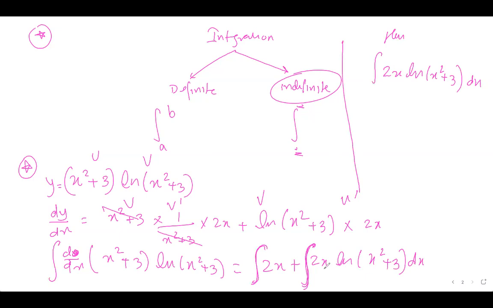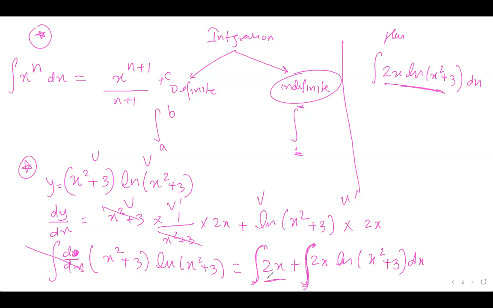The integration of 2x ln(x squared plus 3) is what I need, this is what I want. If I integrate this side, it gets cancelled. Now remember that the integration of x to the power n has a formula: x to the power n plus 1 over n plus 1, plus the constant.